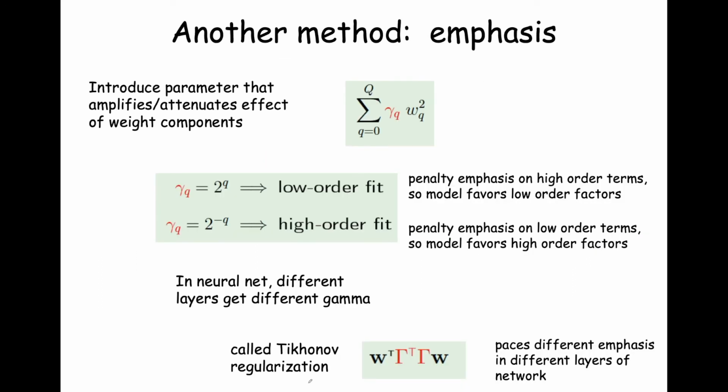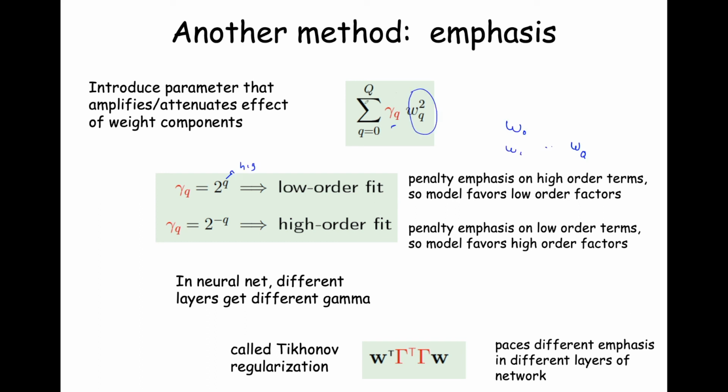Okay. Another thing you can do, especially in neural networks, so-called Tikhonov regularization, is add a term to your coefficient to regulate which part of your model gets decayed, to emphasize certain parts of your weights more than others.